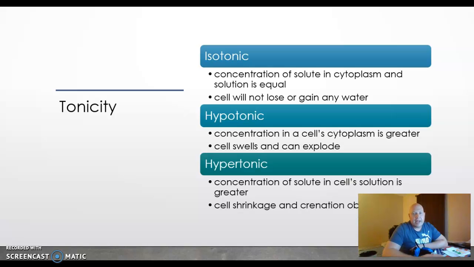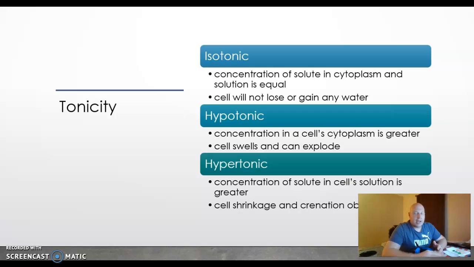The first one is isotonic, and I like to think of this as the equal, the norm. The concentration of the solute in the cytoplasm of whatever you're testing, whether it's a cell or in this case a gummy bear, is equal to the concentration in the solution. So the cell or the gummy bear will not lose or gain any water.